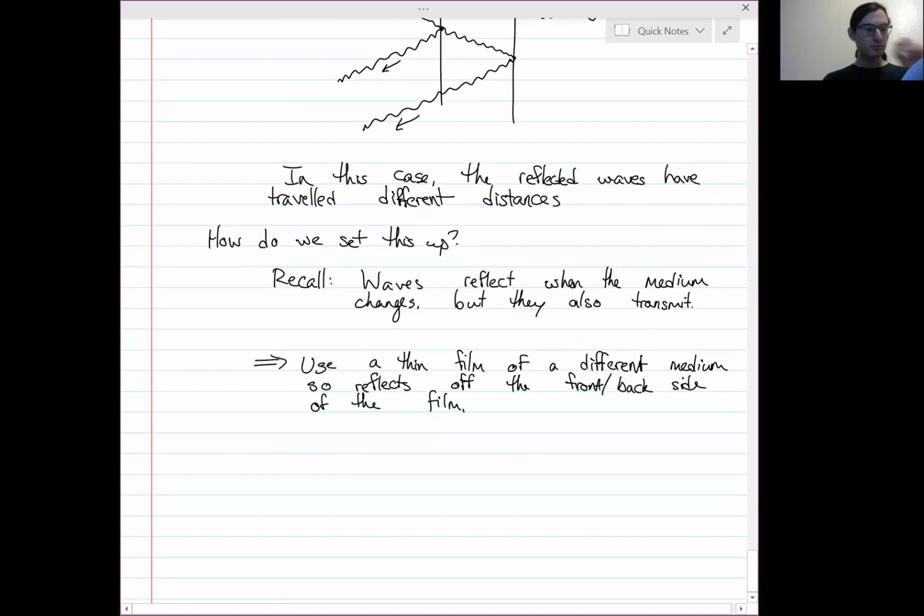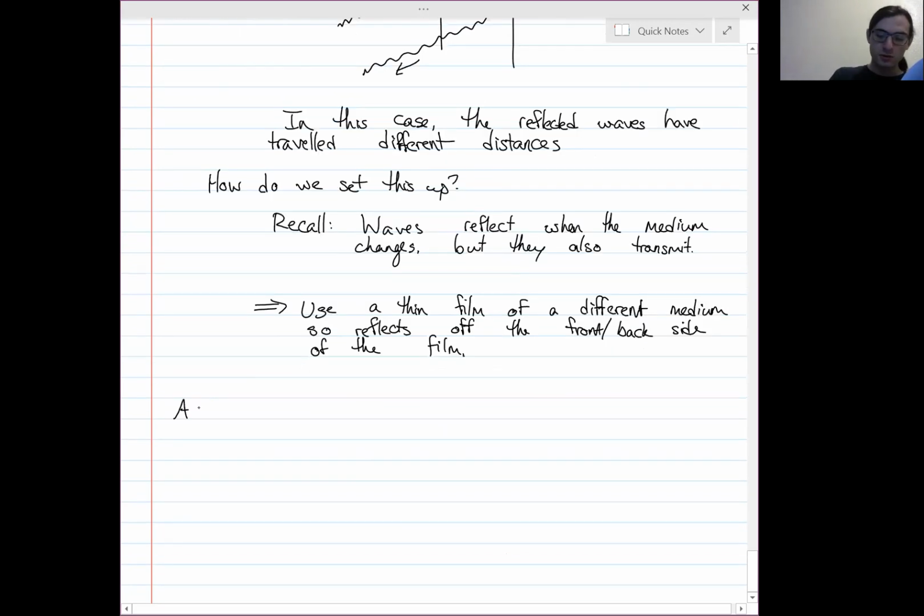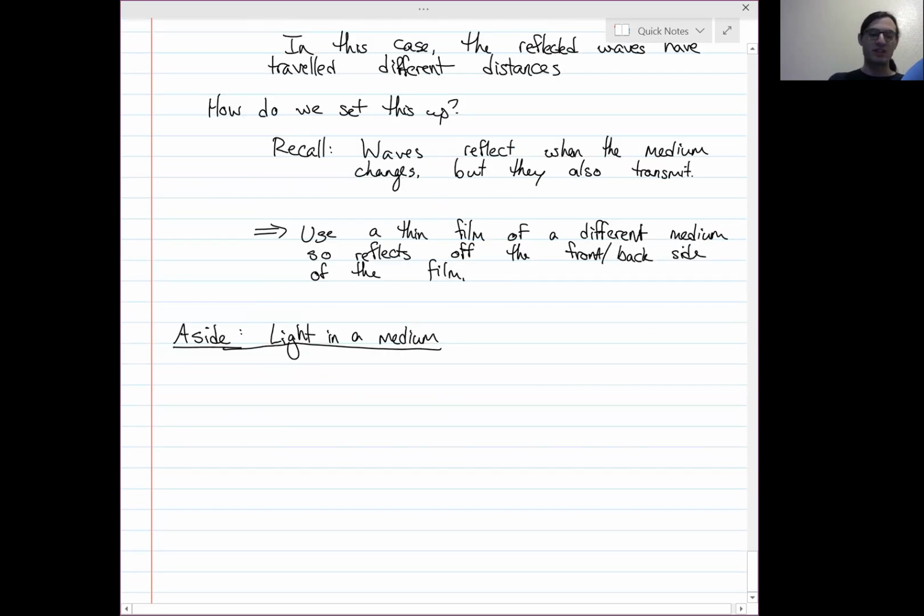So before we talk about this, we actually need to have a quick aside. We need to talk about what happens to light in a medium. We already know that the speed changes, because speed always changes in a medium, or usually changes in a medium. But we should be more specific. So what happens when light changes medium, or light enters a medium, say?